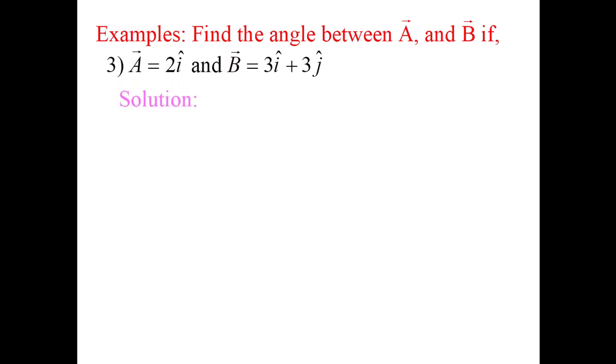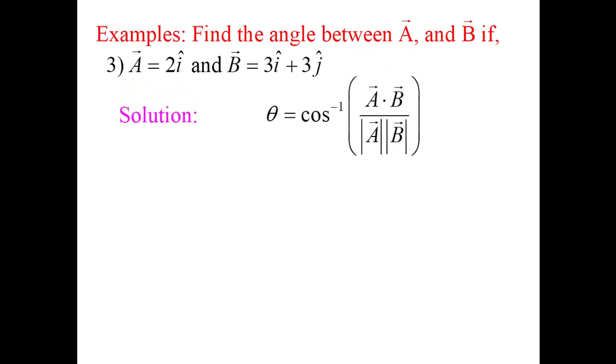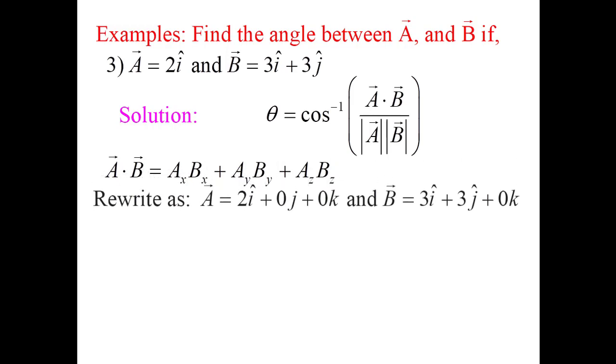Another example: find the angle between A and B if the two vectors are A is 2i and B is 3i plus 3j. We go ahead solving this problem as theta is cosine inverse of A dot B divided by the product of the magnitudes of the two vectors, and A dot B is simply achieved using AXBX plus AYBY plus AZBZ.